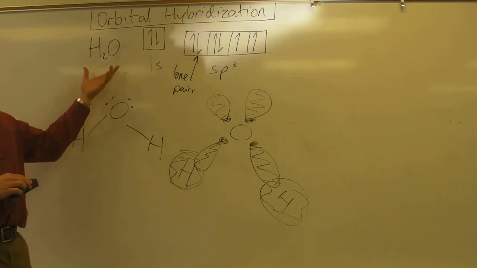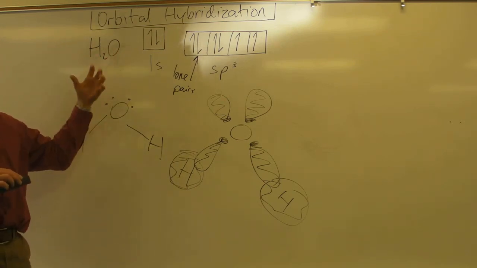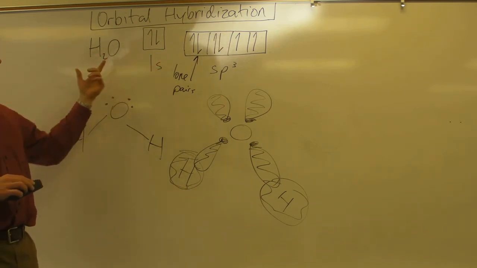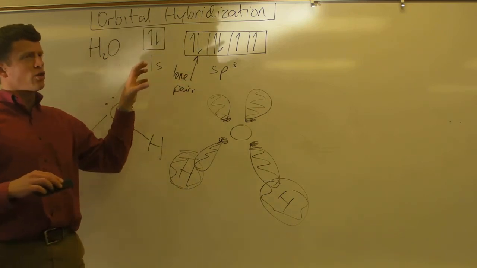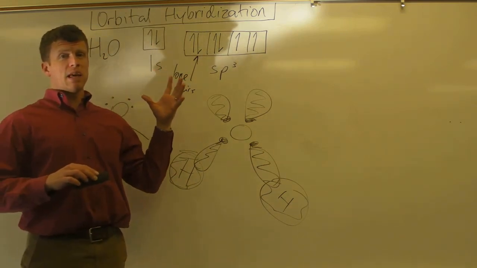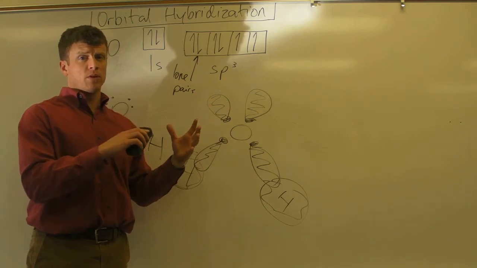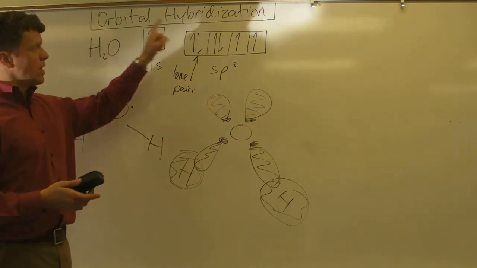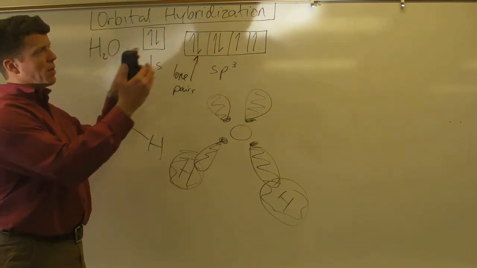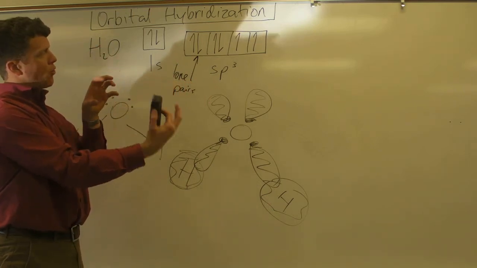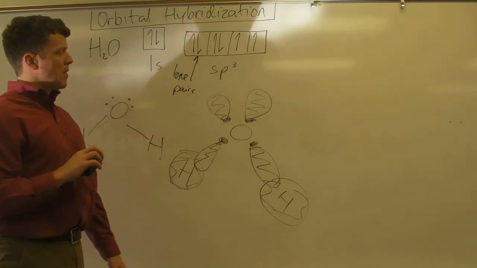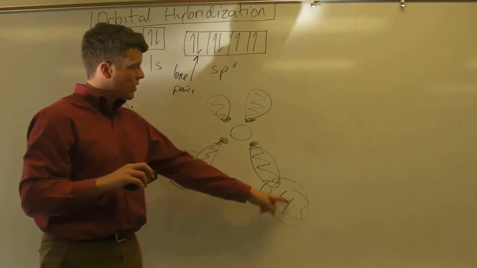There's ways to experiment and actually prove that. So there's got to be some kind of explanation for how the bonds are the same, even though the electrons might come from different orbitals. And the explanation is hybridization, so s and p orbitals coming together and creating a new version, and that's allowing us to explain how this happens.